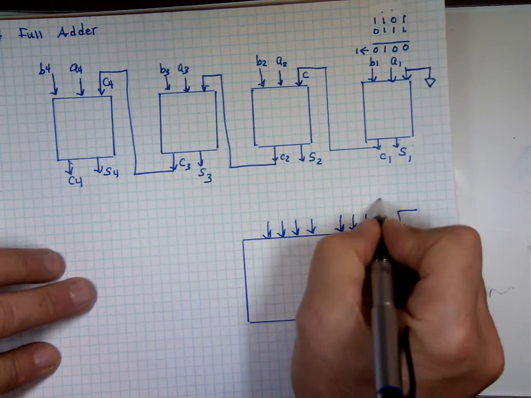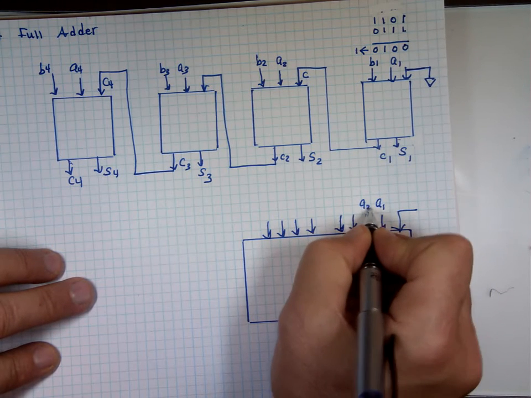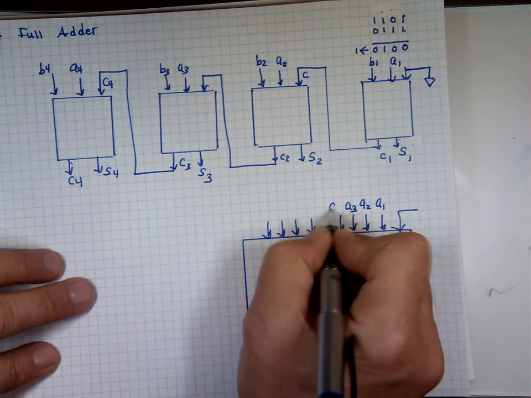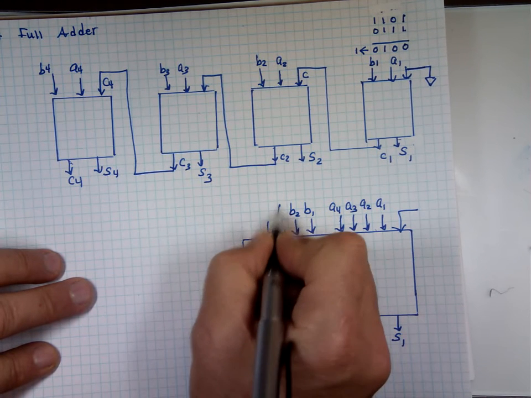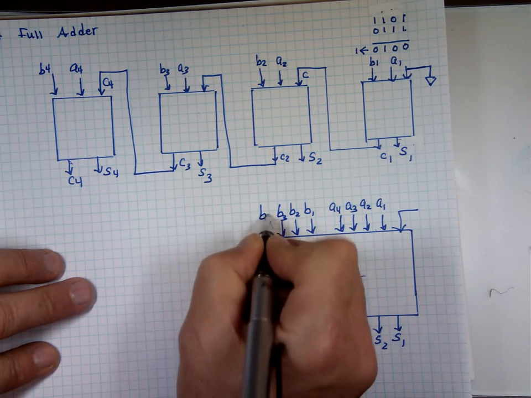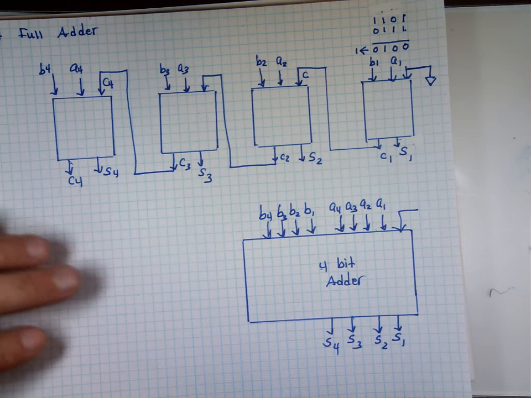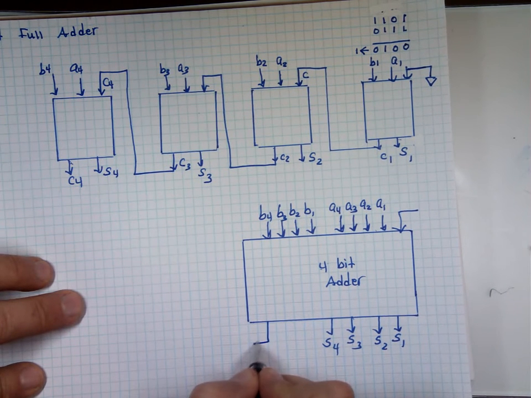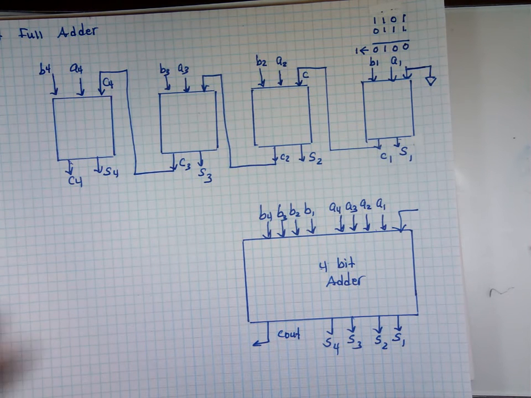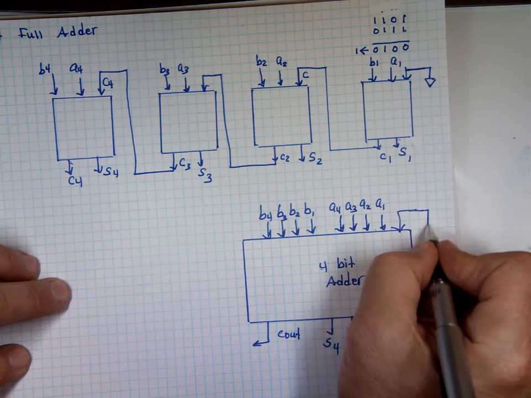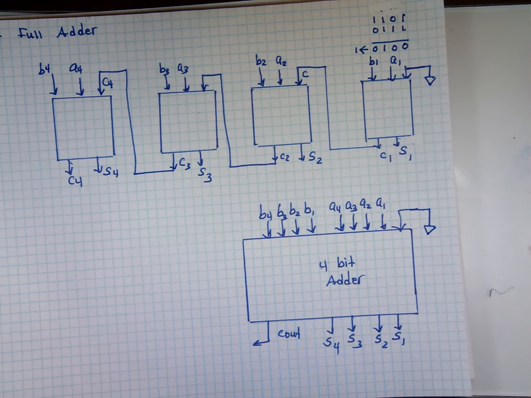So this is A1, A2, A3, A4, B1, B2, B3, B4. And there's a carry coming out of this, C out. So if you want to make a 4-bit adder, you take this one, attach it to the ground. That's what my 4-bit adder will look like from now on.